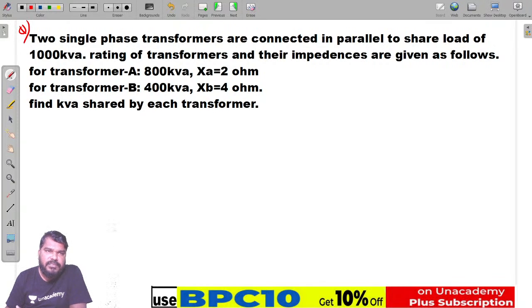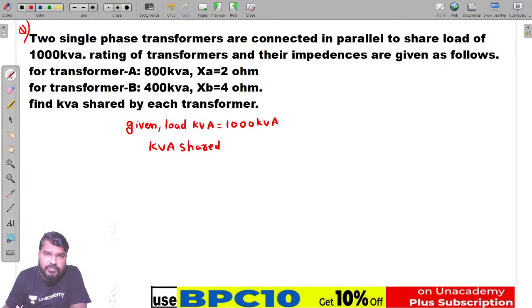How do we answer this question? Here it is given that the load kVA is equal to 1000 kVA. Now the kVA shared by transformer A. These two are given in ohmic values, so you can substitute directly.